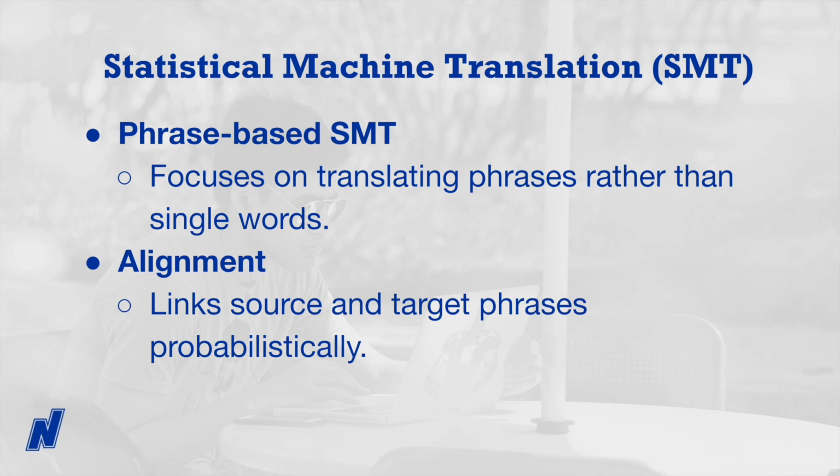Phrase-based SMT was a significant improvement over earlier word-based approaches because it allowed systems to preserve context and structure within phrases. However, SMT struggled with long-distance dependencies in sentences, making translation sound less natural. This limitation set the stage for neural machine translation, which we'll discuss next.